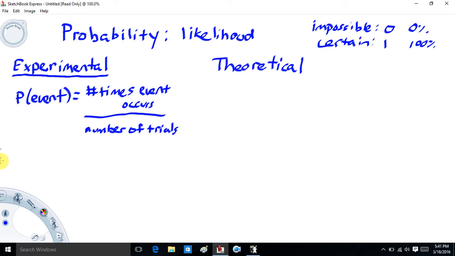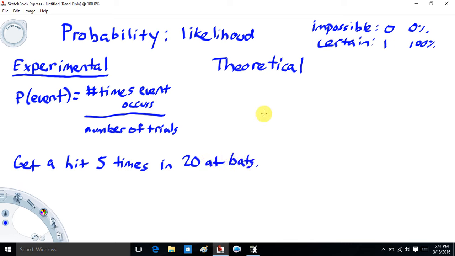Okay, so if you want to do this, let's look at a sample problem. So a baseball player gets a hit 5 times in 20 at-bats.